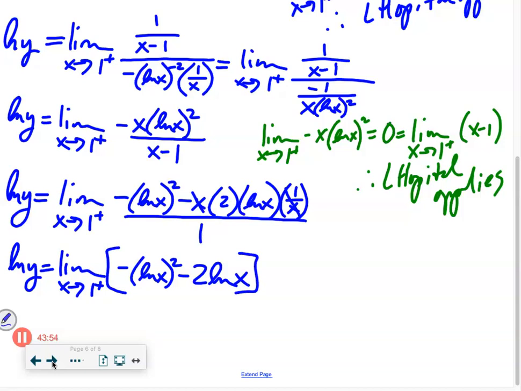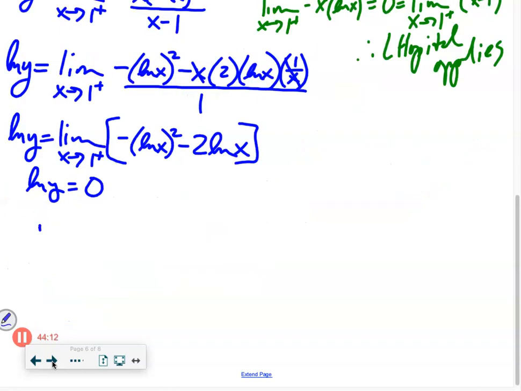All right, as x approaches 1, what's the natural log of x? 0. Natural log of 1 is 0. So we have ln y equals 0. So y equals e to the 0, which is 1, and that's our answer.